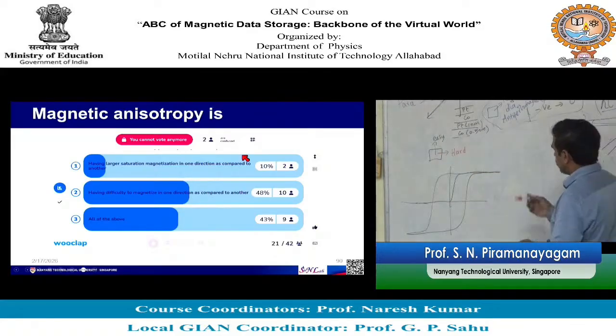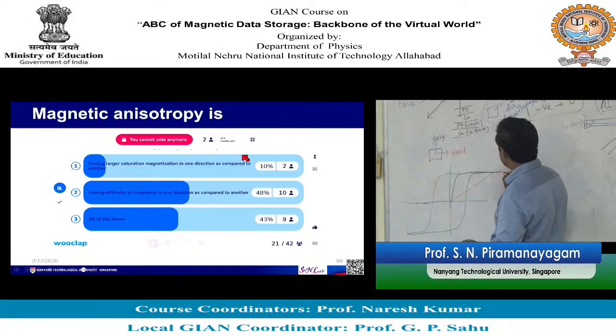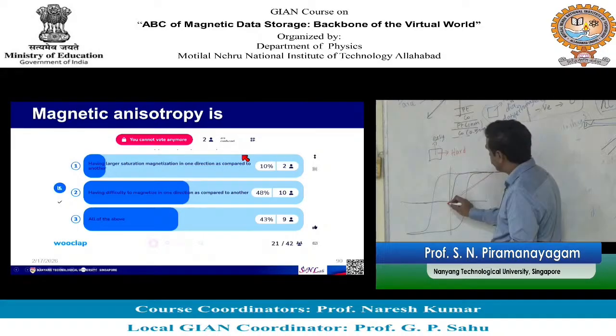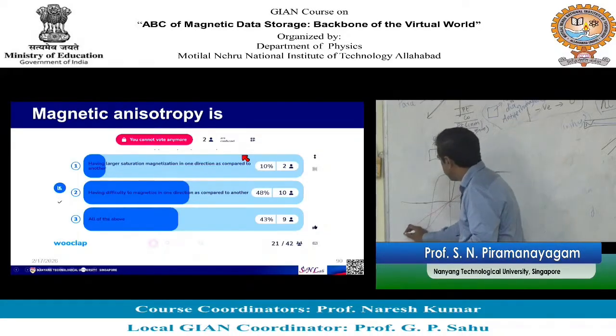In the hard direction, I'll need a very large magnetic field to saturate. Then when I go back, it will still go like this.